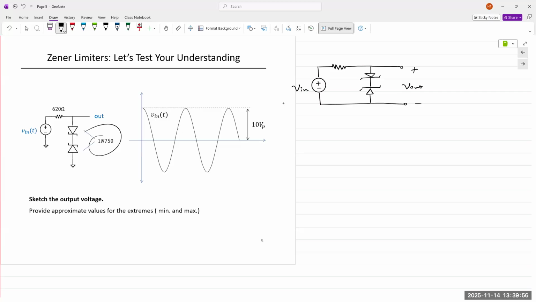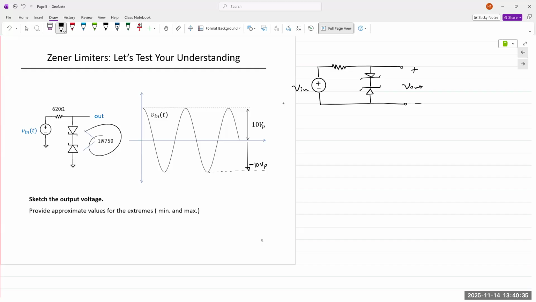And V in of t is a sinusoidal signal, an AC signal, 10 volts peak or 10 VP, that means the negative also is minus 10 VP. The actual value doesn't matter. Let's just call it plus and minus 10. Makes things simple.